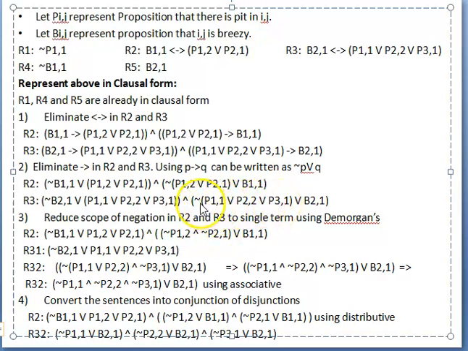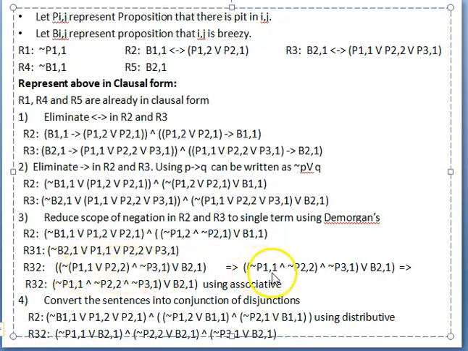So first we will apply negation on 2 terms together and on the third term separately, and then again we will apply De Morgan's on these 2 terms which we will be solving together. As you can see here, we have negation applied only on the first 2 terms together: negation of P11 or P22, and negation of P31. So this one has come out and then we apply De Morgan's for these 2 terms.